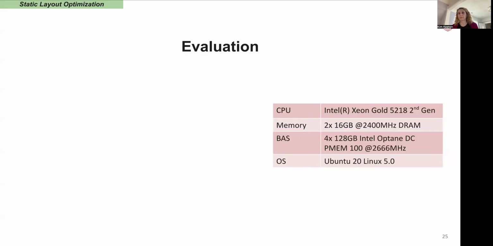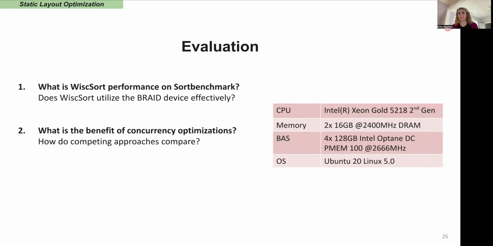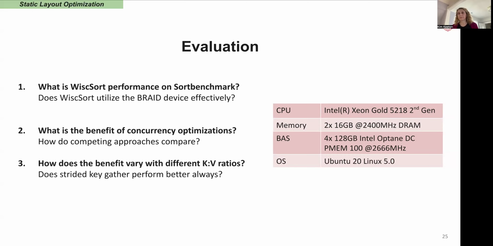So let's go over what we evaluated in detail, such as: what is the WiscSort performance on the sort benchmark, which is a commonly used benchmarking tool for sorting? Does WiscSort utilize BRAID effectively? That's one of the questions we asked. Are we using the resources effectively at each step? What is the benefit of these concurrency optimizations, and how do competing approaches compare?